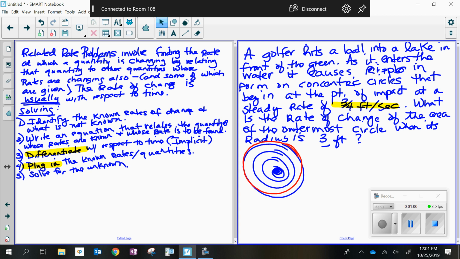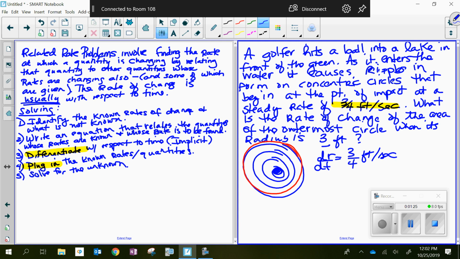It's a derivative, dr/dt, and r is radius. It's got to be radius, right? Can't be anything else. So that is dr/dt equals 3/4 feet per second.